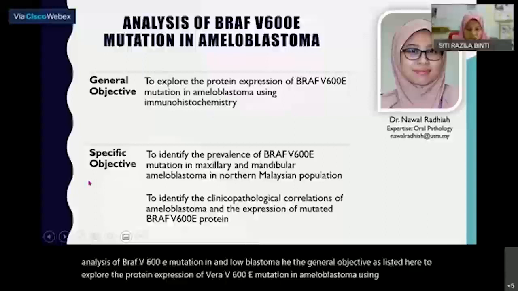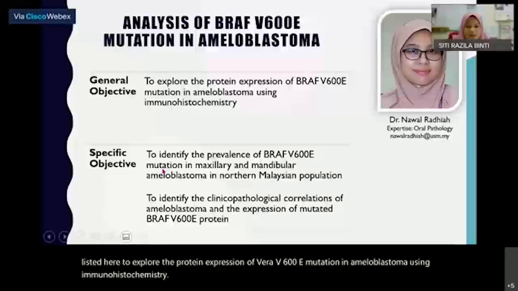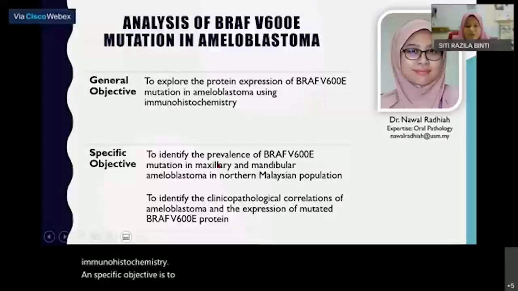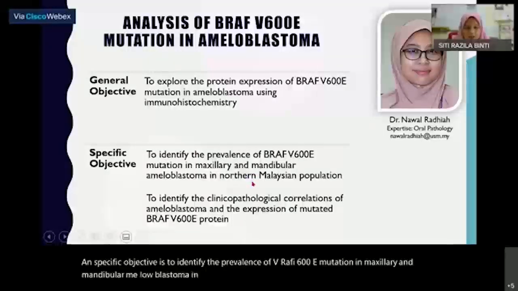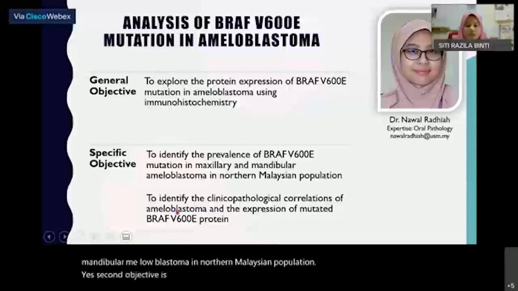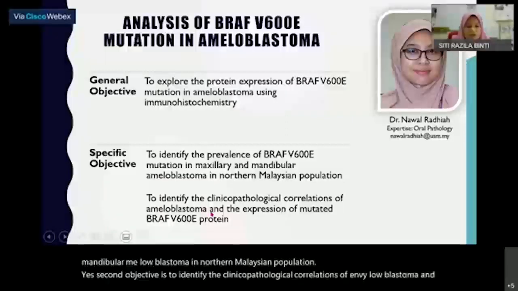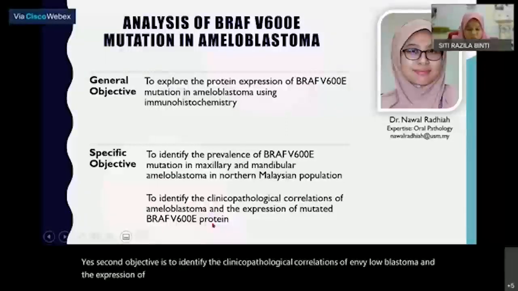A specific objective is to identify the prevalence of BRAF V600E mutation in maxillary and mandibular ameloblastoma in the northern Malaysian population. The second objective is to identify the clinicopathological correlations of ameloblastoma and the expression of mutated BRAF V600E protein.